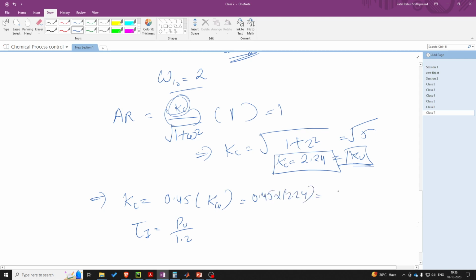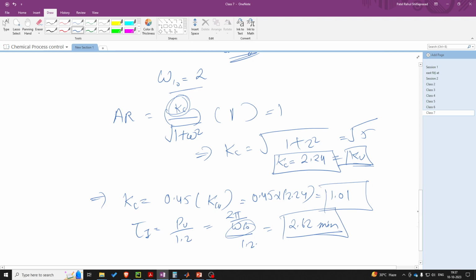So this will come around 1.01, and Pu is nothing but time period, that is 2 pi upon omega c0, divided by 1.2. So you can put the value of 2 over here and then solve it to get the value of tau I as 2.62 minutes. So these are two values of controller parameters.